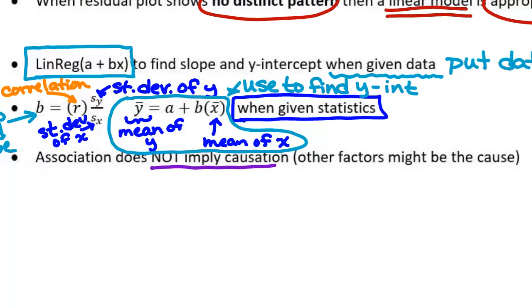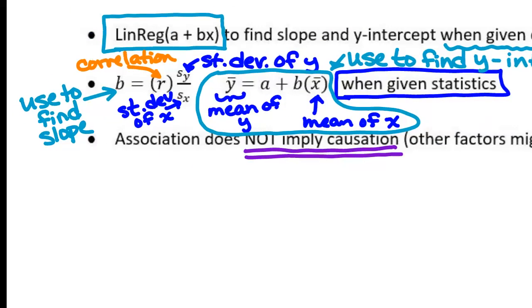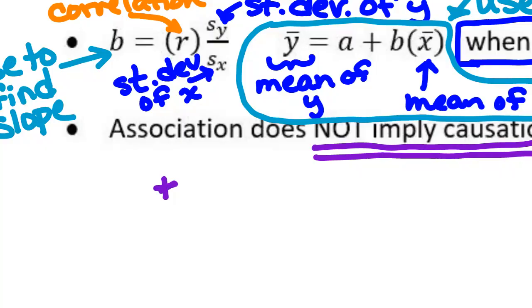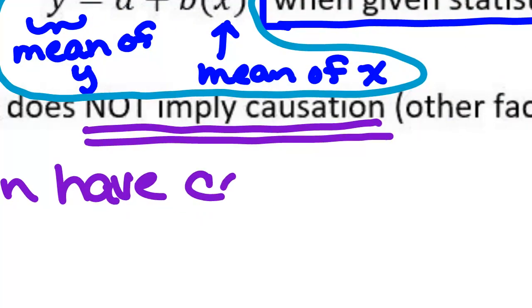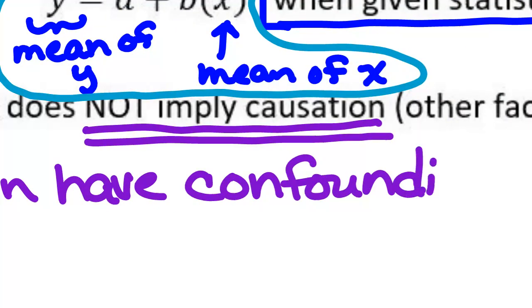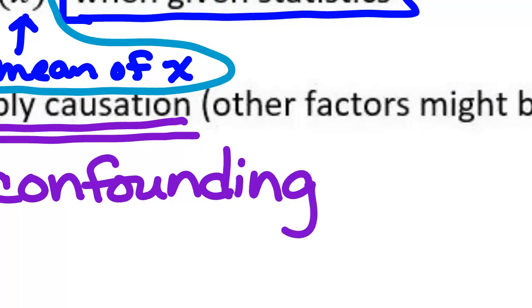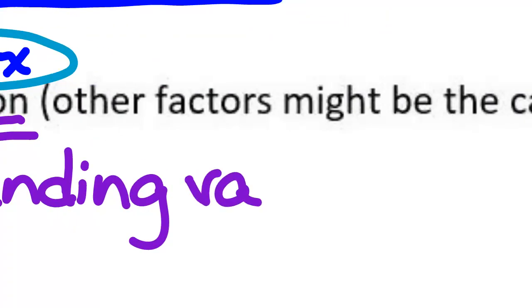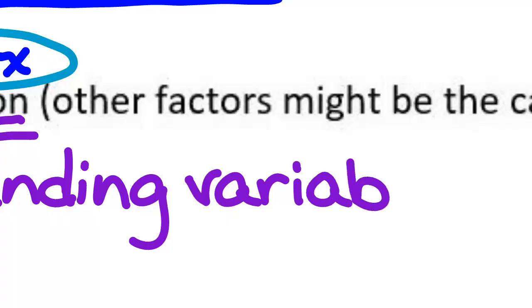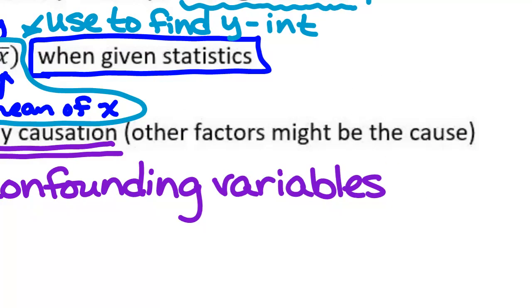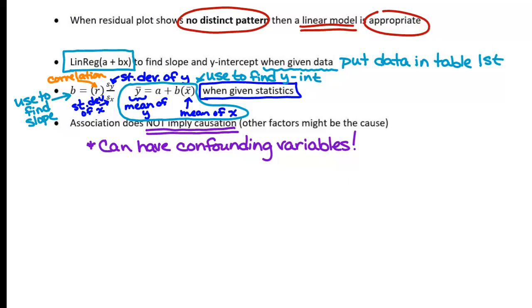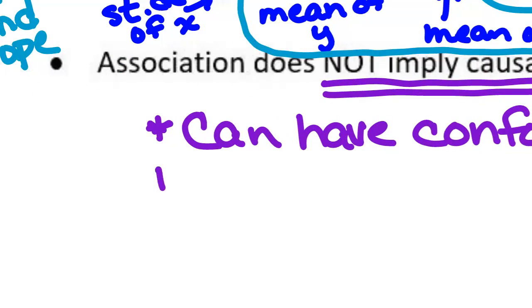Association does not imply causation. Other factors might be the cause. We can have confounding variables. What do we have to have if we're going to show cause?